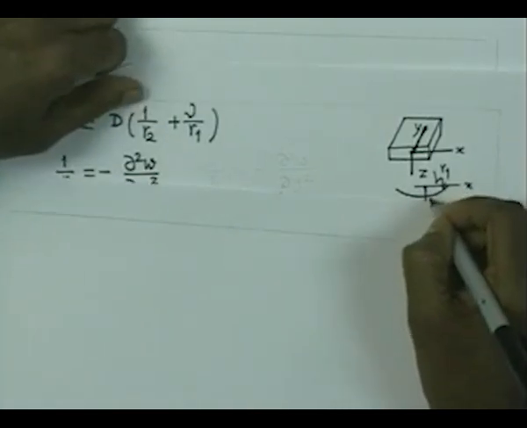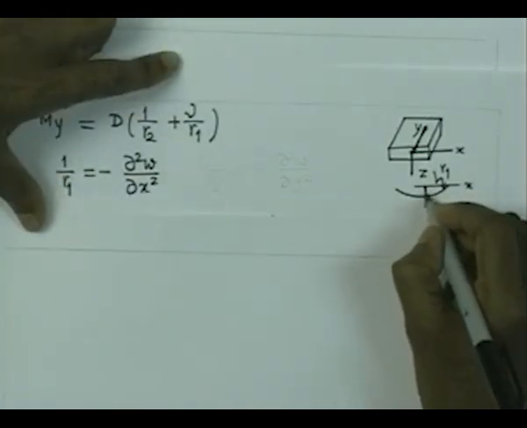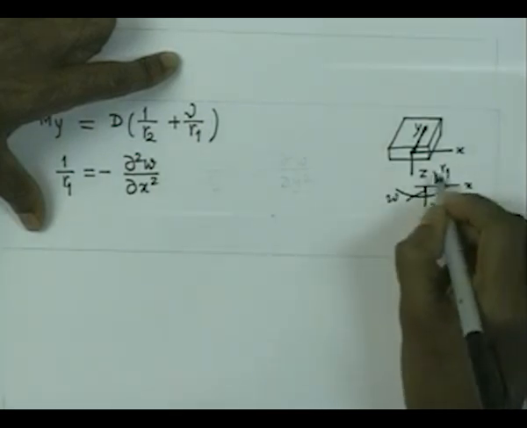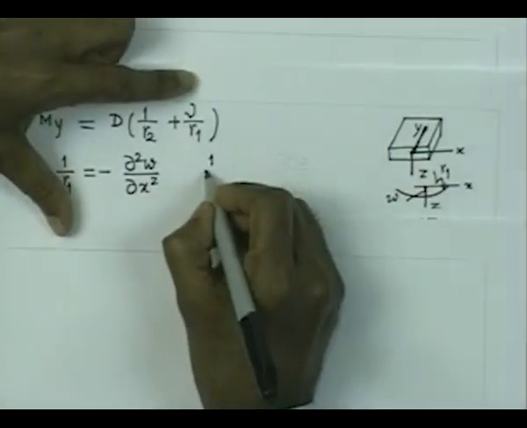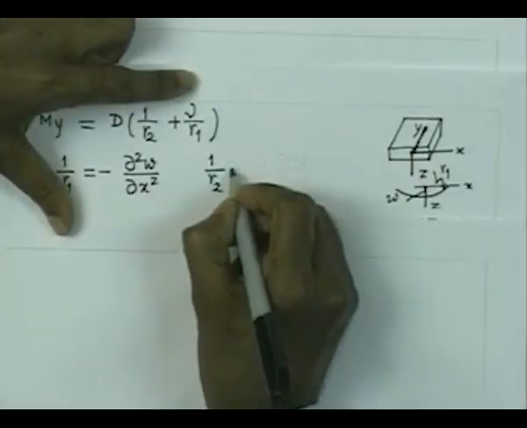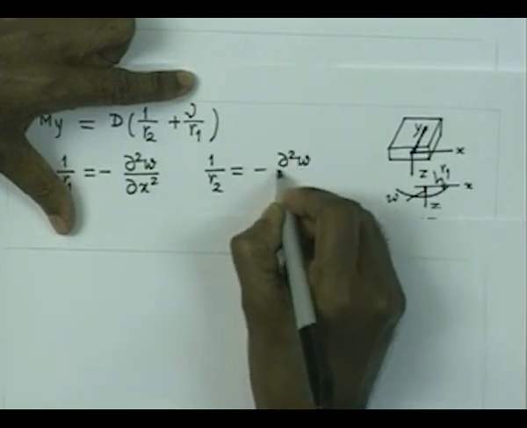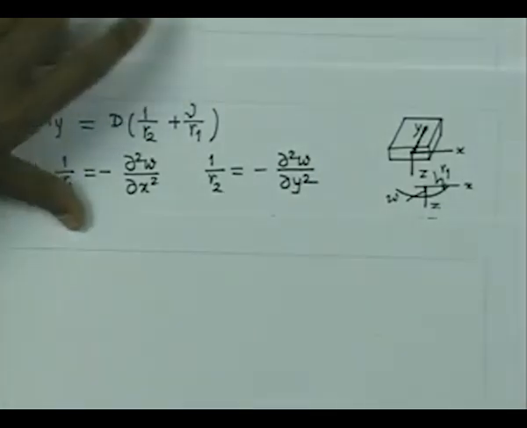So, you get the double derivative of the deflection w with respect to x, which gives you 1 by r 1. Similarly, 1 by r 2 is equal to minus del 2 w by del y square.